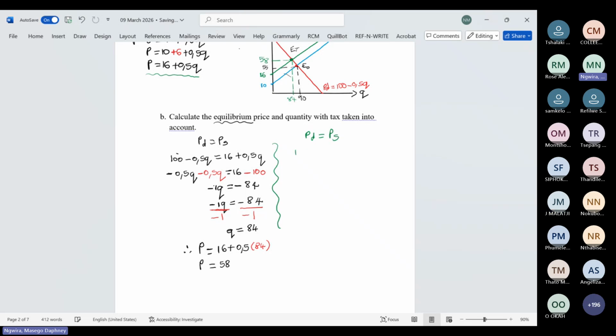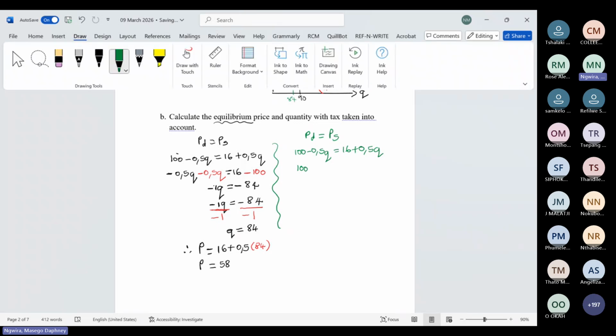So this is 100 minus 0.5 Q, equals 16 plus 0.5 Q. And then you move the Q to the other side. That's still okay. So I'm going to have 100, and then I'm moving the 16 instead of this. It's up to you how you want to do it. I just want to show you how you can do it.